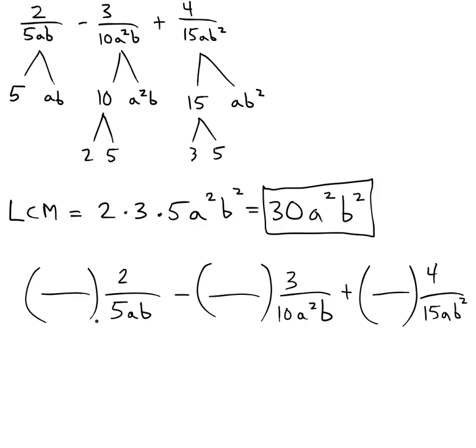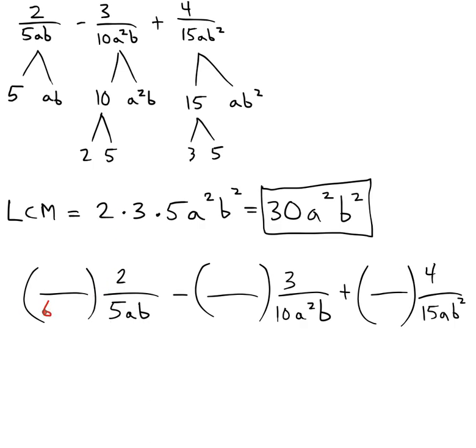All right, so here we have to figure out 5ab times what will make 30a squared b squared. So if we were to put in a 6 here, let's say 6 times a times b, that would be the right choice. Multiply those things and you get 30a squared b squared.